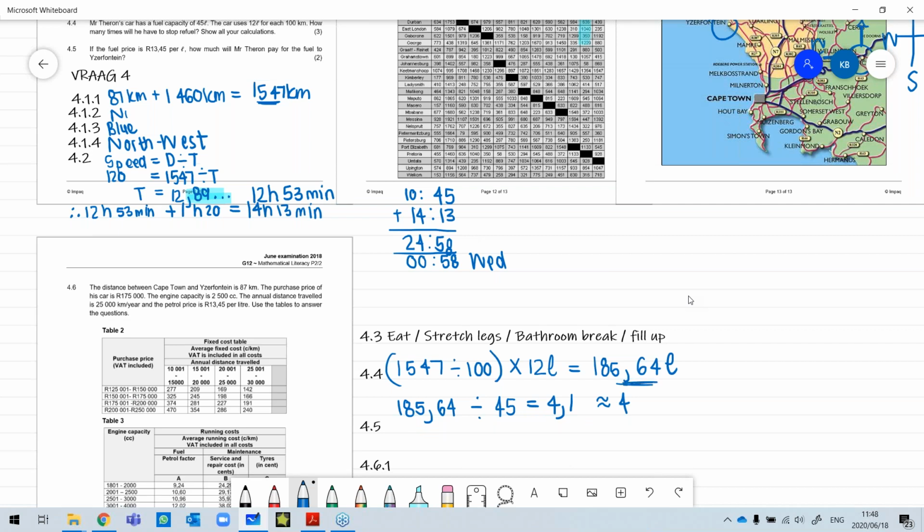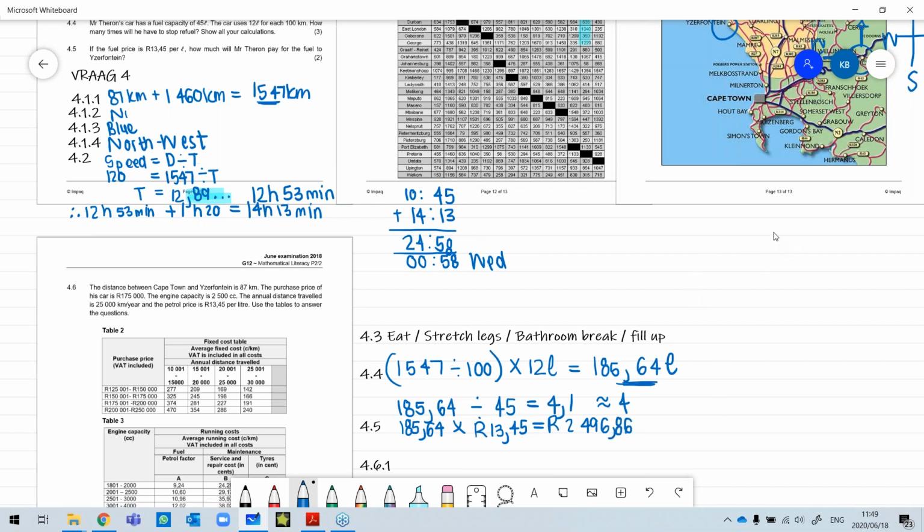This is the amount of fuel he's going to purchase. So 185,64 times the cost per litre, which is 13 Rand and 45 cents. And if we multiply those two values, it gives you an answer of 2,496 Rand and 86 cents.